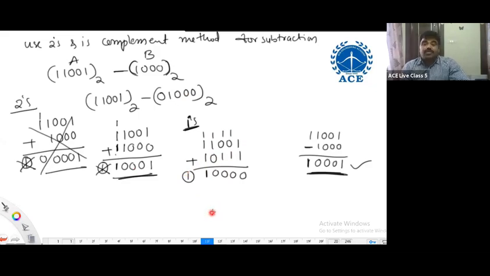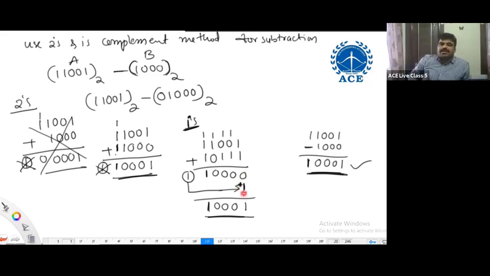In the R minus 1's complement method, what we mentioned? Add carry to the least significant digit of sum. Then what we get here? 10001. Yes, I'm getting the expected result. By adding carry to the least significant bit of sum, we are getting the expected result. Yes, done.